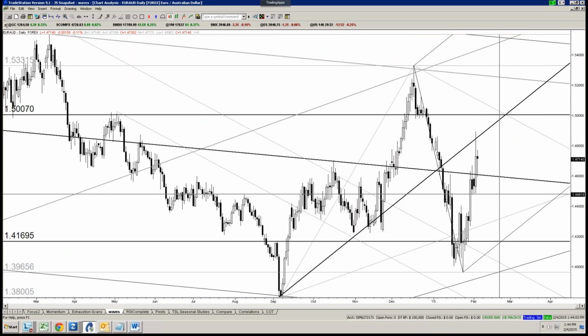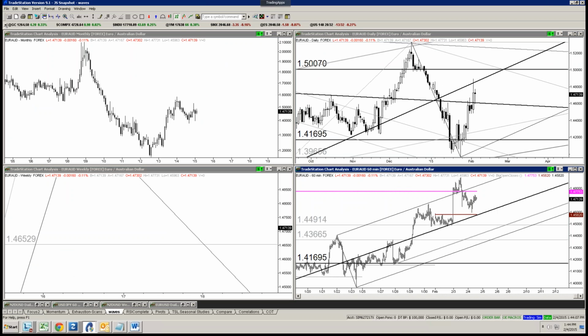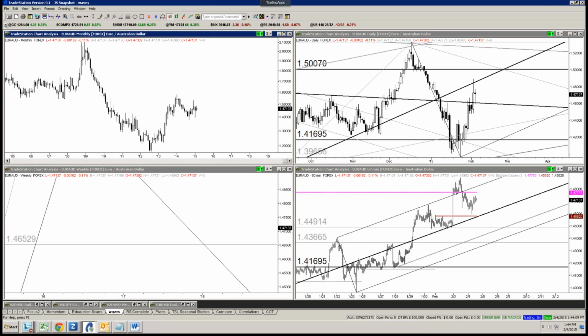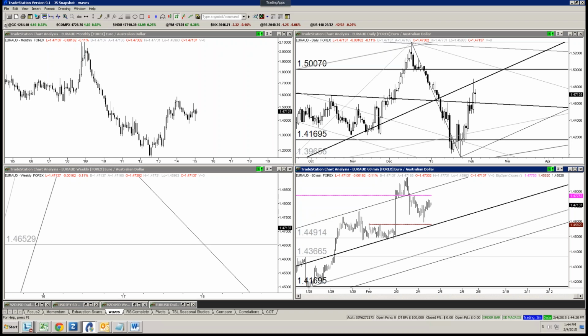I still like the idea of buying Euro Aussie on a larger swing basis, but again, it's just like Aussie dollar, just like you might like selling Aussie dollar, but that doesn't mean it can't trade up a couple hundred more points, okay?